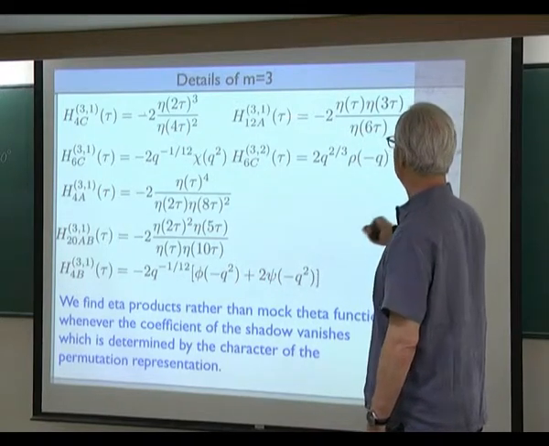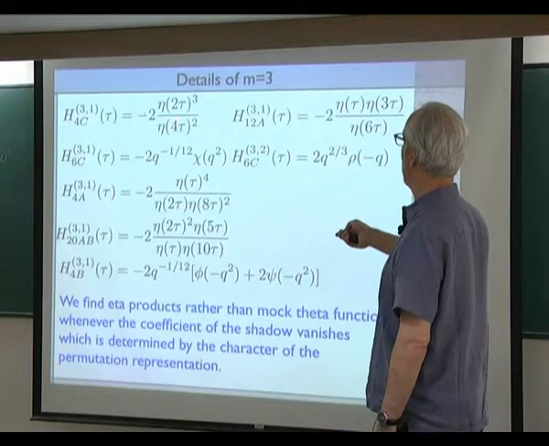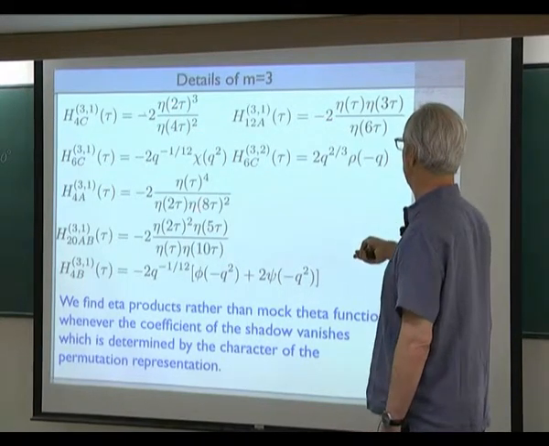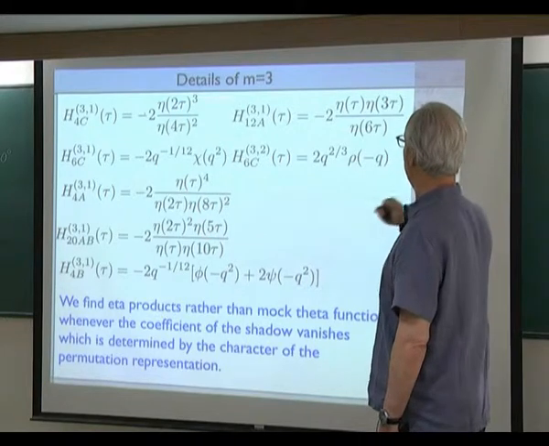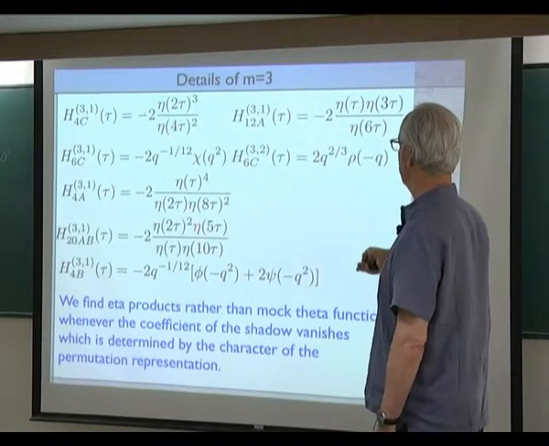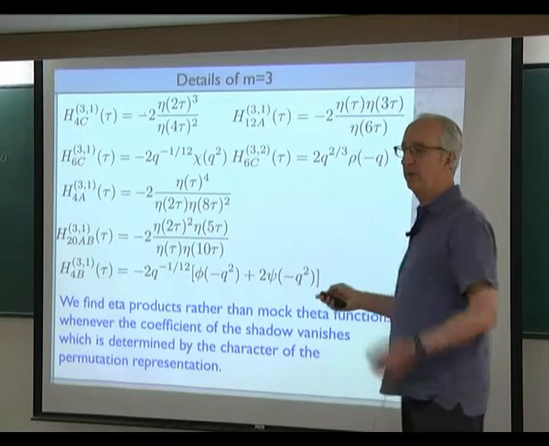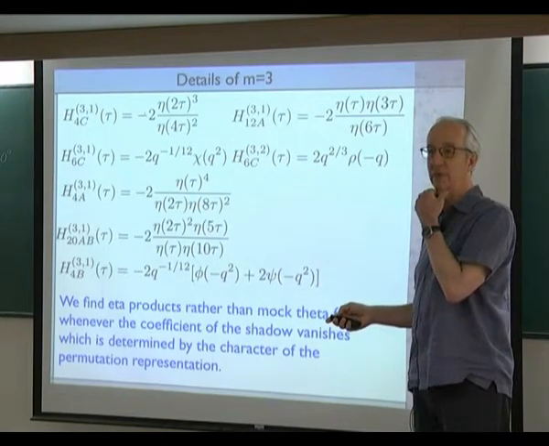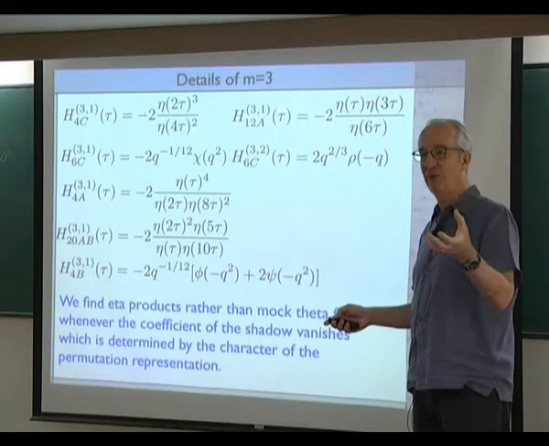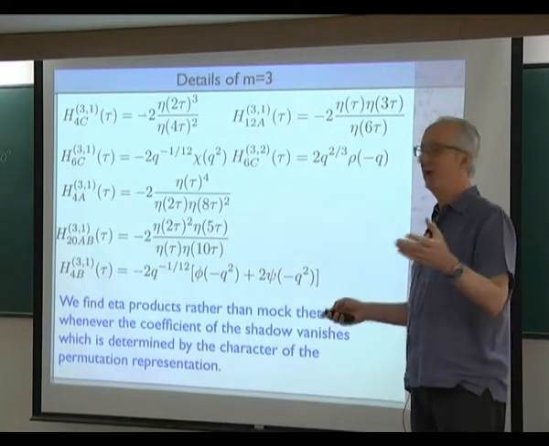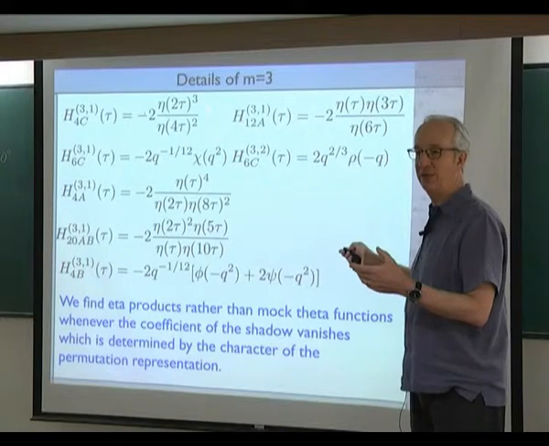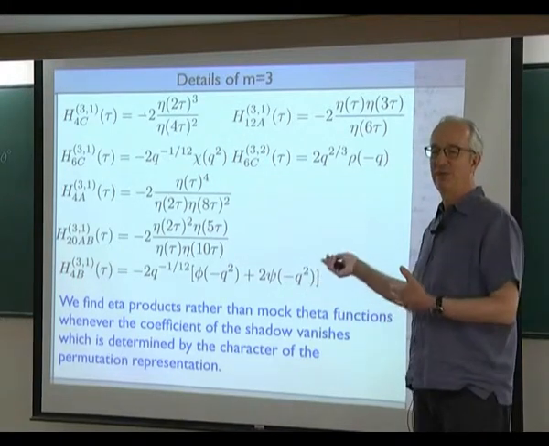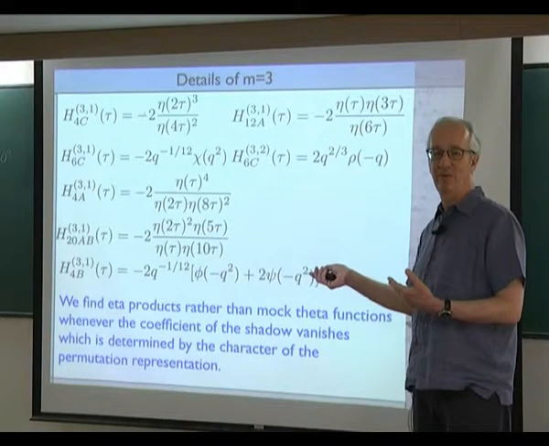But then sometimes you get something that is not Mock, but is rather modular and can be written as a ratio of eta functions. All of these classes are cases where the character of that element in the 24-dimensional permutation representation is 0. So you twist the shadow, and that 24 becomes the character in this particular representation. That character is 0. The coefficient of the shadow is 0. So you have to get something that's modular rather than Mock modular.